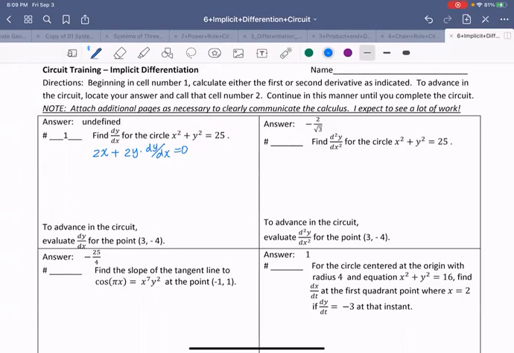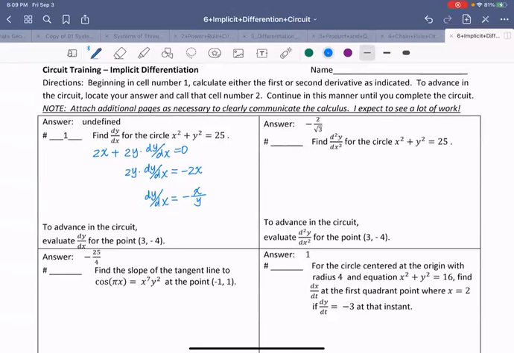And then you can move the 2x to the other side, so it'll become negative 2x. Dy over dx equals negative 2x over 2y. Make sense?